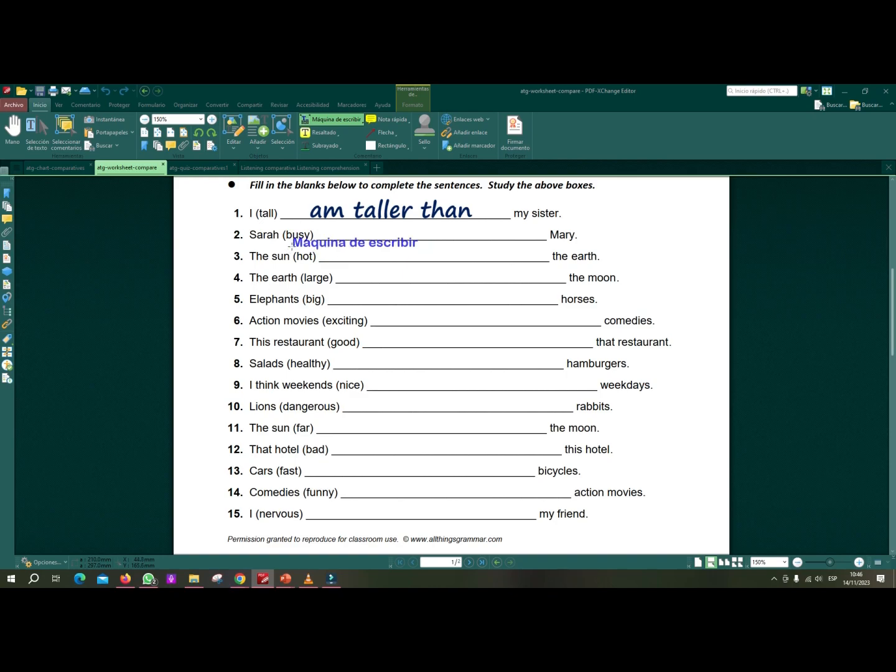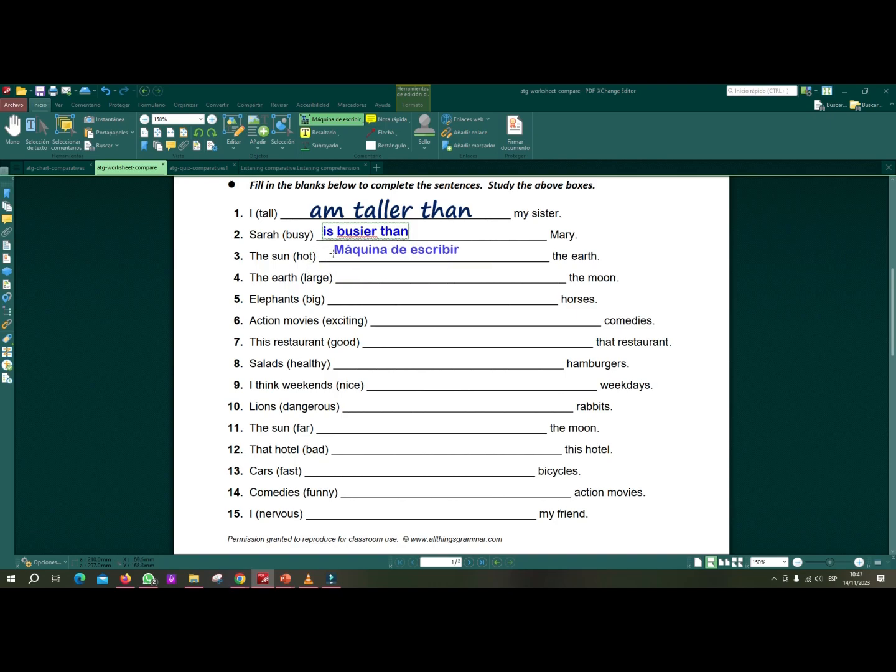Tenemos un adjetivo que tiene 2 sílabas, busy, pero termina en Y, entonces vamos a hacer el cambio. Sarah, the verb is, right? Busier. Vamos a cambiar la Y por I y agregar R. So, Sarah is busier, don't forget the word than Mary. So, Sarah is busier than Mary en este caso. 3. The sun, hot.